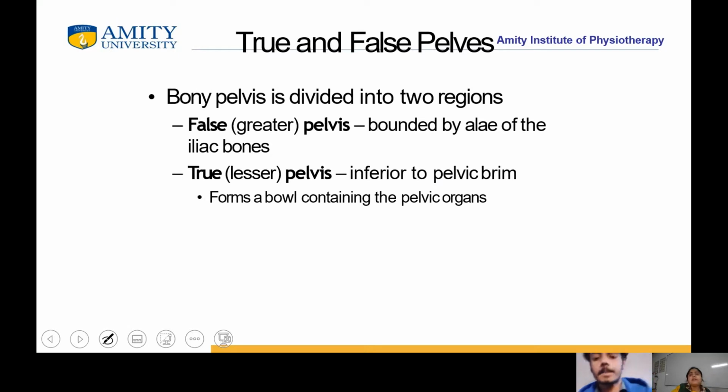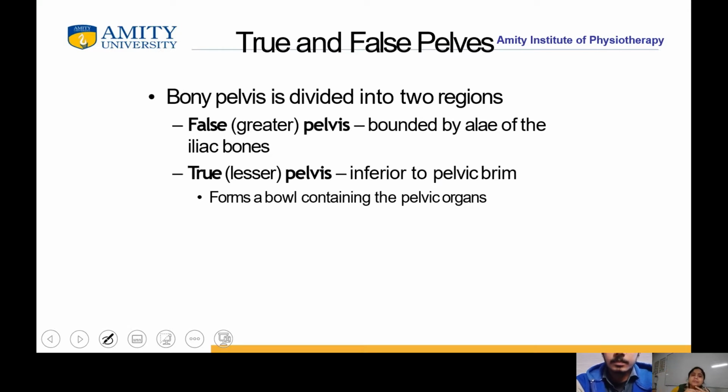Now, why is there a difference? Because you and me will think that it is the bony pelvis, so it will contain all the pelvic organs. No. The false pelvis, that is the upper part formed by the ilium, does not contain any pelvic organ.